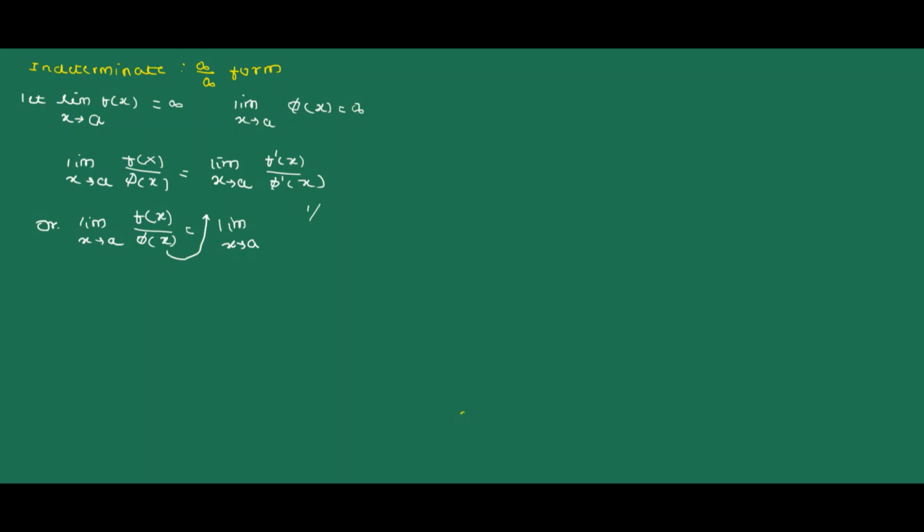We can write it as 1 divided by phi of x divided by, transposing f of x in denominator, 1 divided by f of x. So which is of the form 0 by 0. Then you can solve by using L'Hospital's rule.